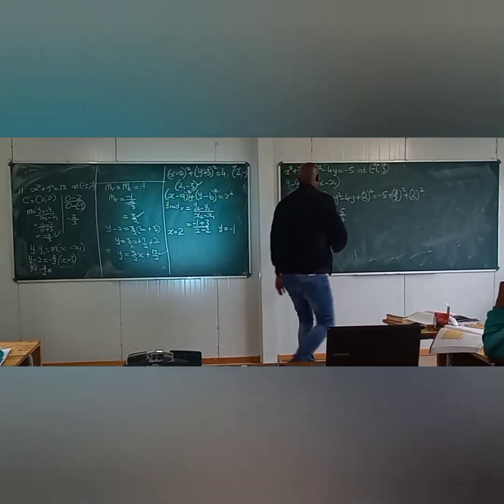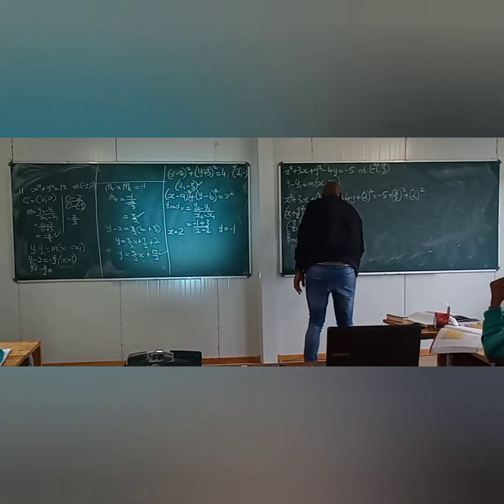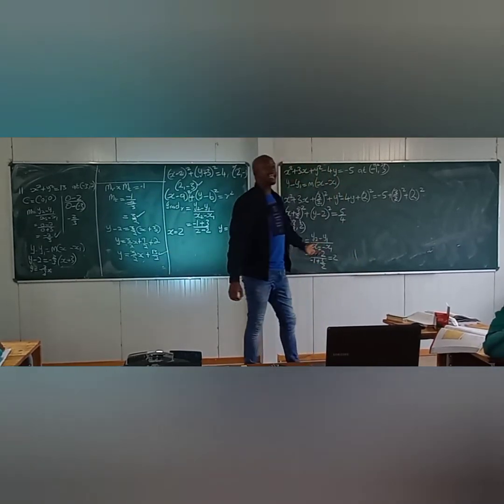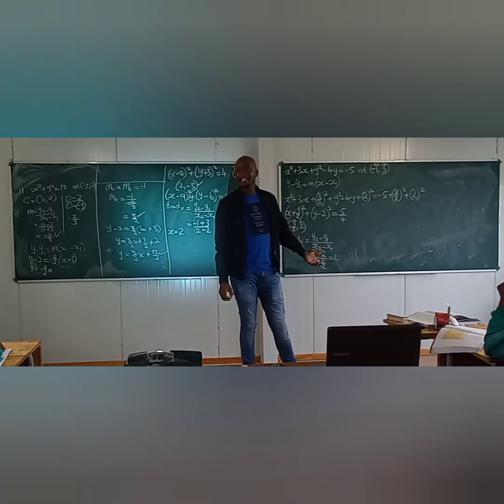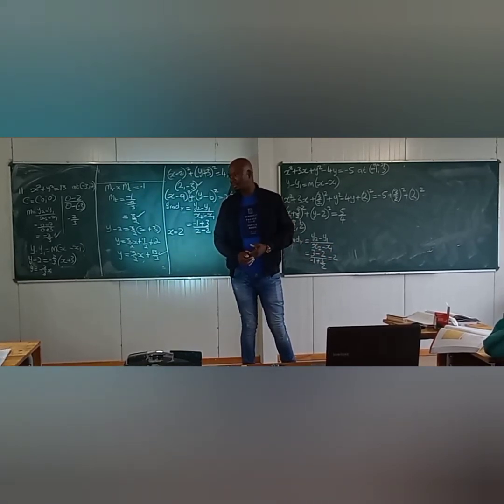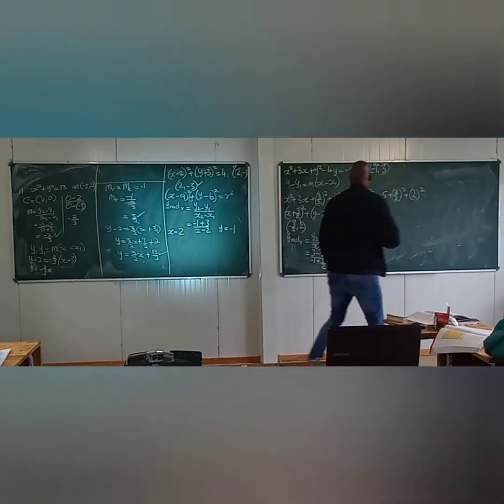So we can go straight to the answer with the calculator, which is 2. So the gradient, take care, whether it is of the radius or the normal or the diameter, depending on the question.